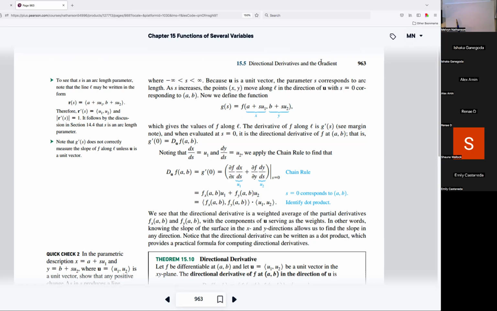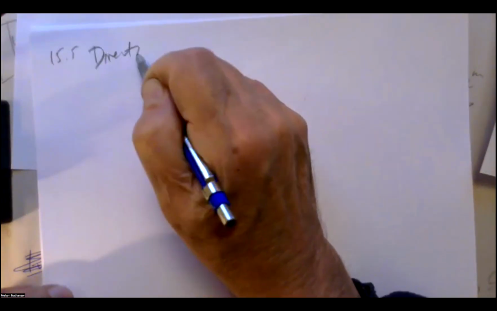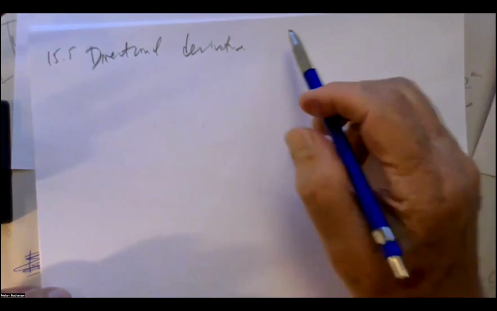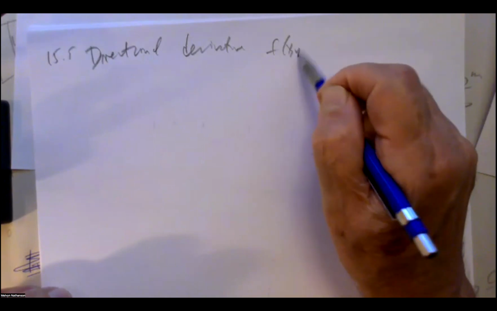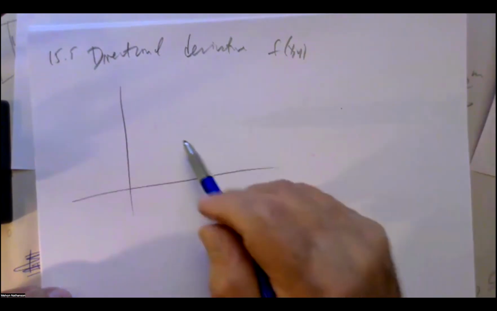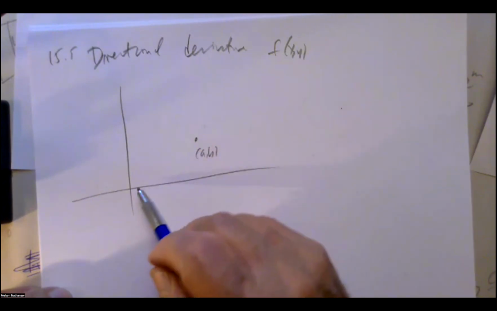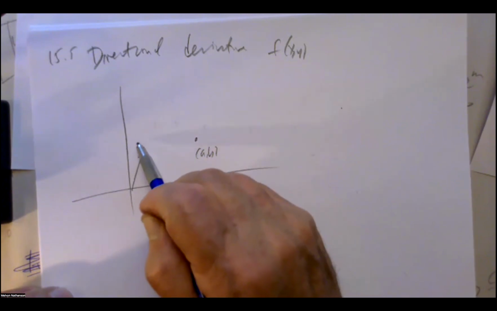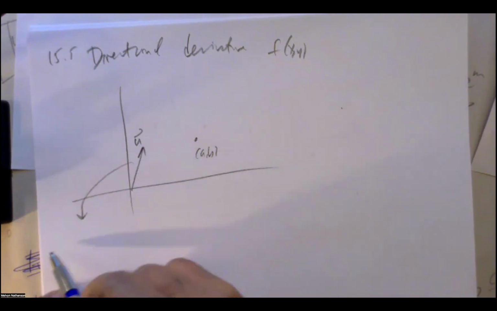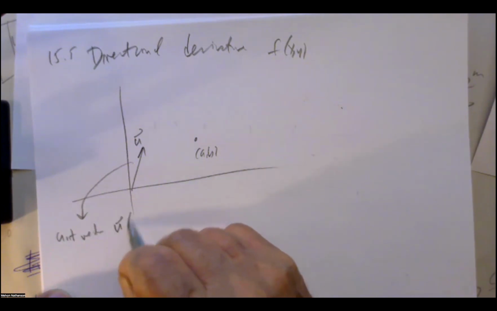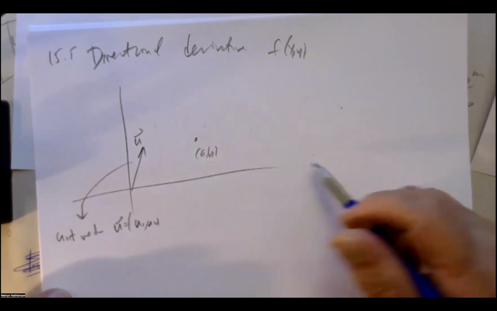So let me do this on a piece of paper, and maybe it's a little bit easier to see. So I want to find the directional derivative. So we have f is a function of x and y, and we have a point in the plane (a, b), and we take a unit vector u. So u has coordinates, say, u1, u2.